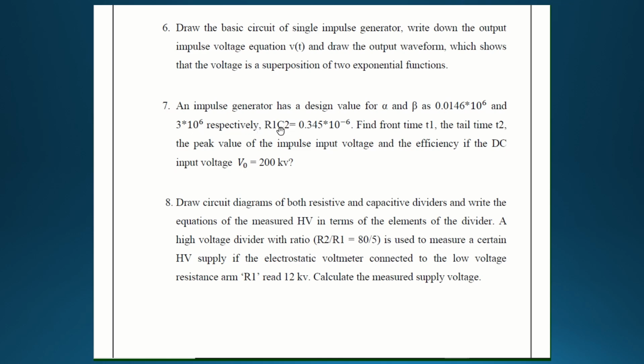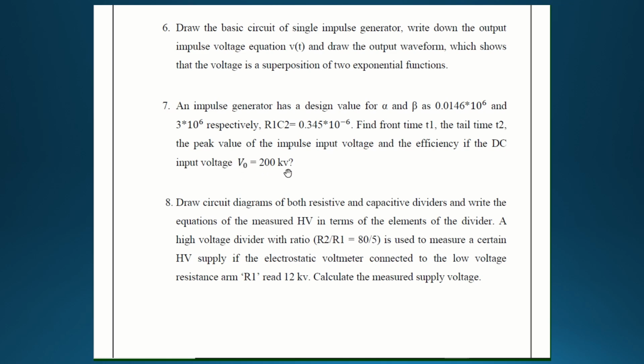And he gives us R1C2 equal to 0.345 into 10 to the power minus 6. The first requirement is to find the front time T1 and the tail time T2. We already have the formulas for T1 and T2. And he asks us to find the peak value of the impulse voltage and the efficiency if the DC input voltage V output is equal to 100 kilovolt.